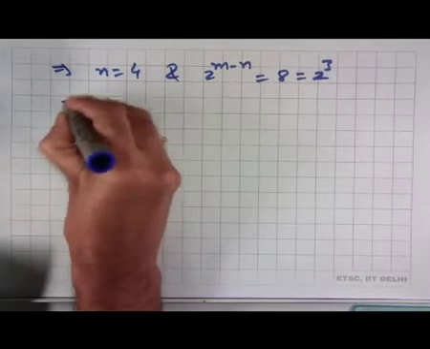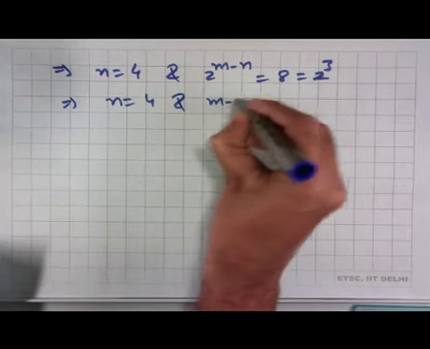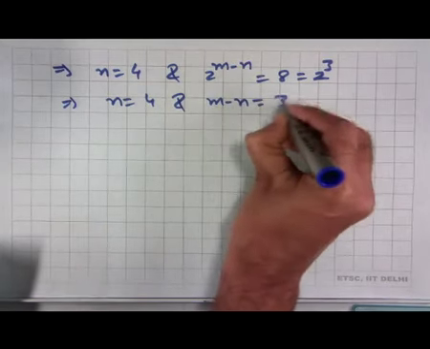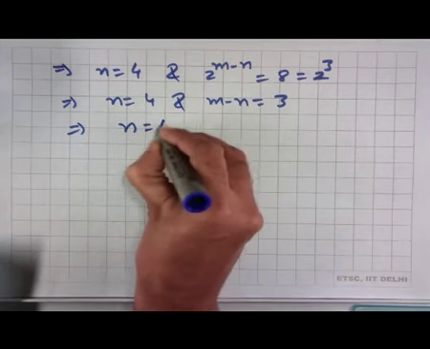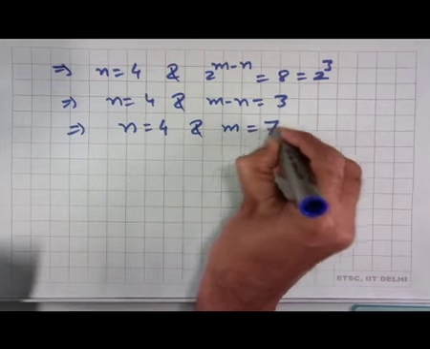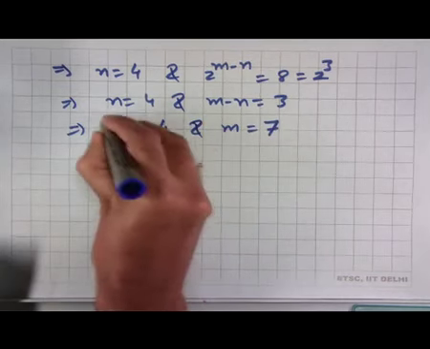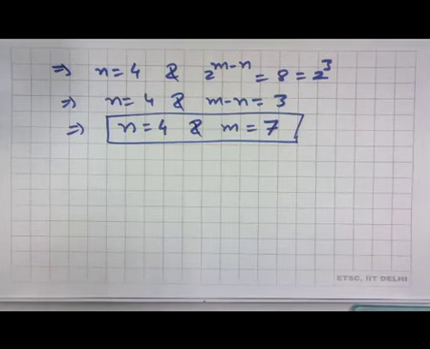So, this implies n equal to 4 and m minus n is 3. So, n is equal to 4 and m is equal to 7. This was problem 6.